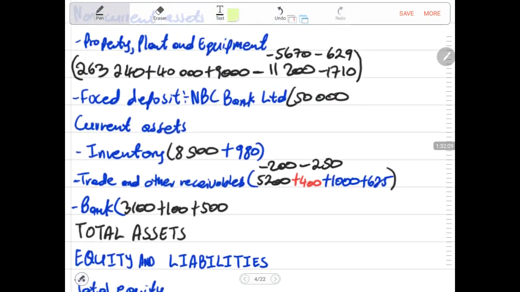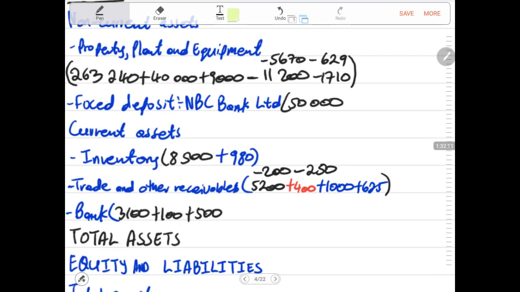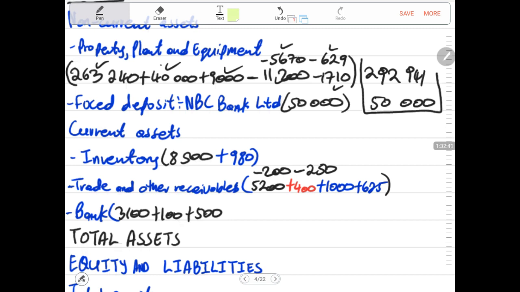Now we are done with this, and we have the total for the property, plant and equipment. We take cost, and deduct the accumulated depreciation. If you deduct those, you'll get property, plant and equipment as 292,941. Fixed deposit still remains 50,000 rands. There was no withdrawal of the deposit or additional amount to be invested.